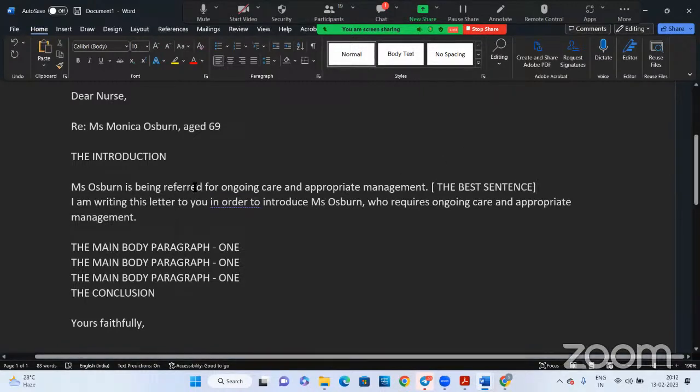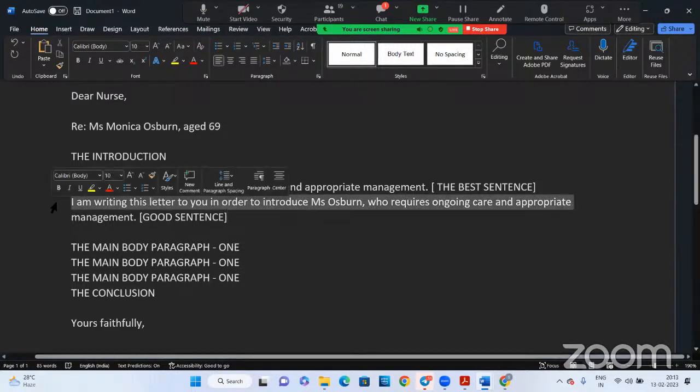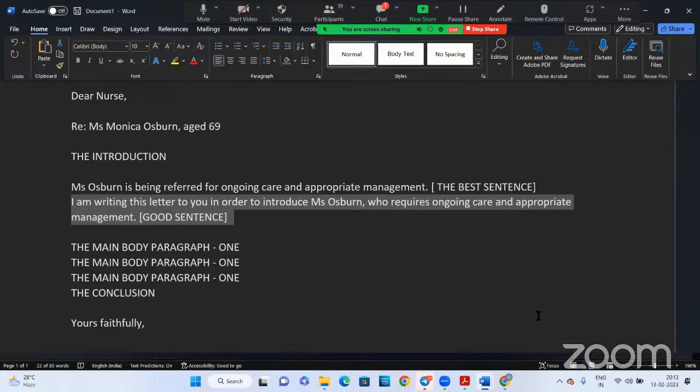You are saying, "I am writing this letter to you in order to introduce." Introduce is a B2 word, refer is a C2 word. This is a good sentence. You will pass if you write this sentence, but if you make one mistake, you will fail, definitely.